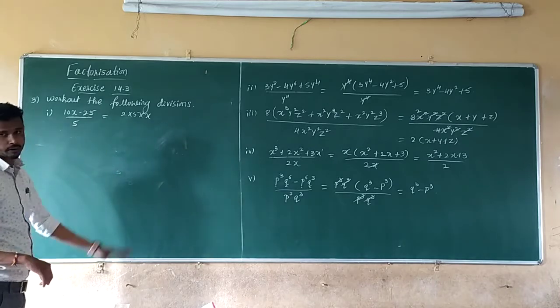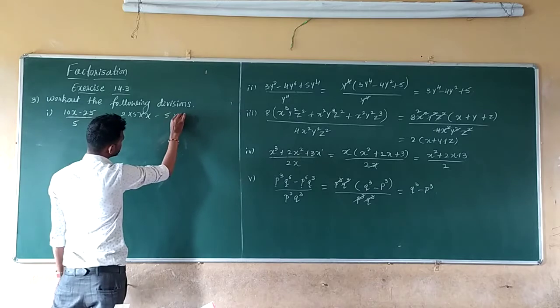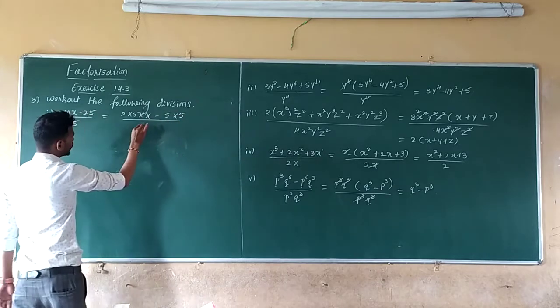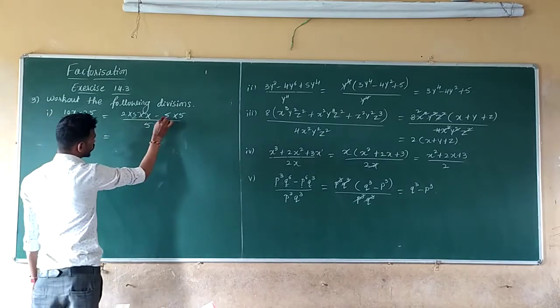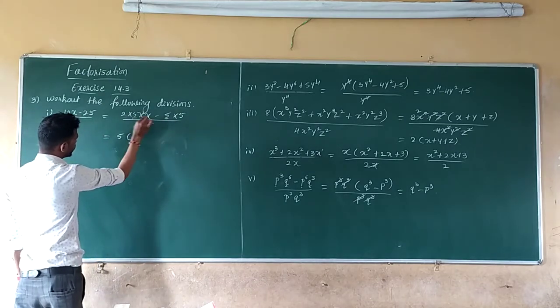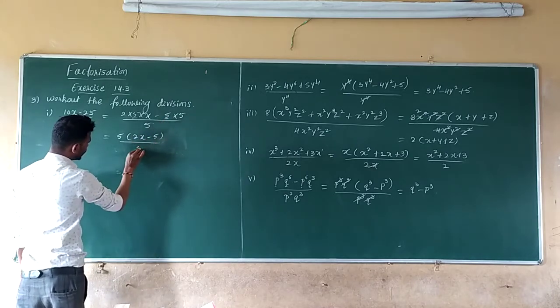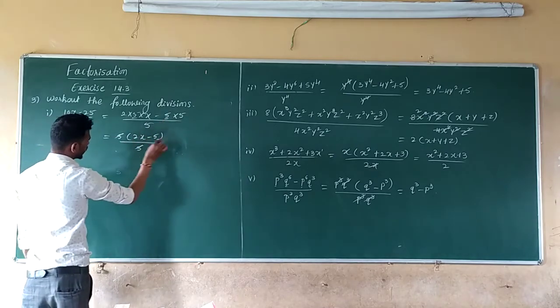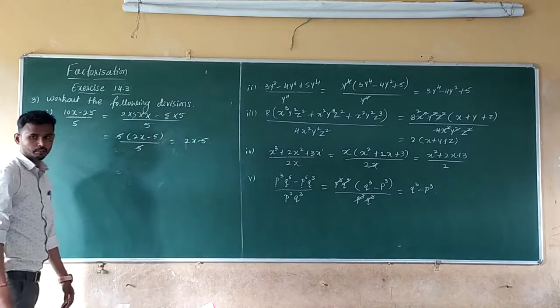Or else the usual method you can do. So here minus 25 you can write as 5 into 5, divided by 5. In these two the common is 5. So what will remain: 2 into x, 2x minus 5, divided by 5. So 5 gets cancelled. So the answer is 2x minus 5.